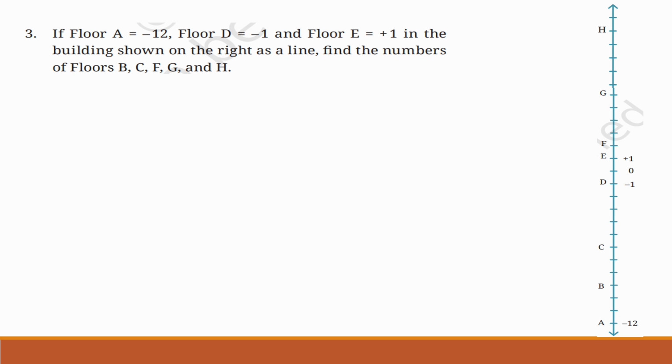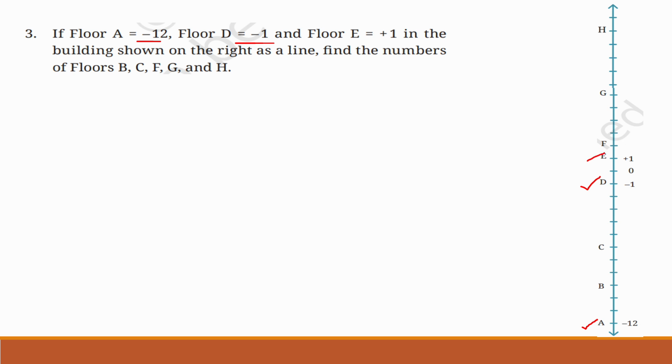If floor A is equal to minus 12 and floor D is equal to minus 1. See, it is given. Floor A is minus 12, floor D is minus 1. And floor E is plus 1.